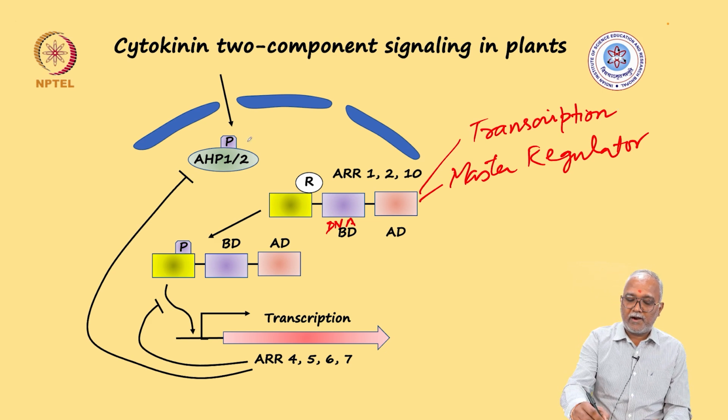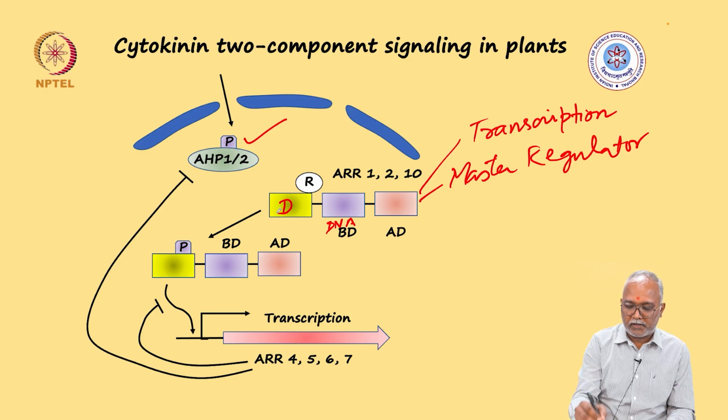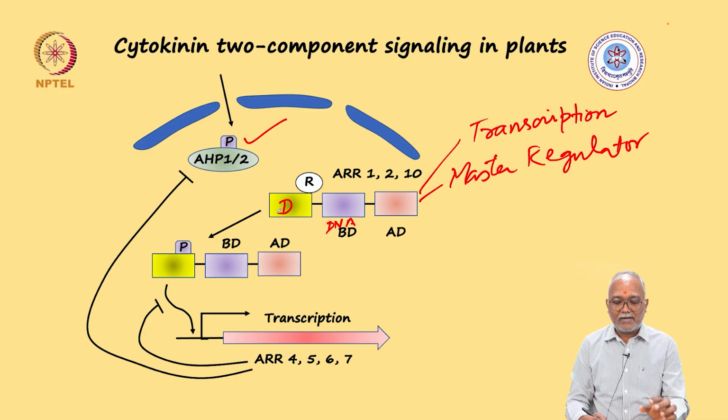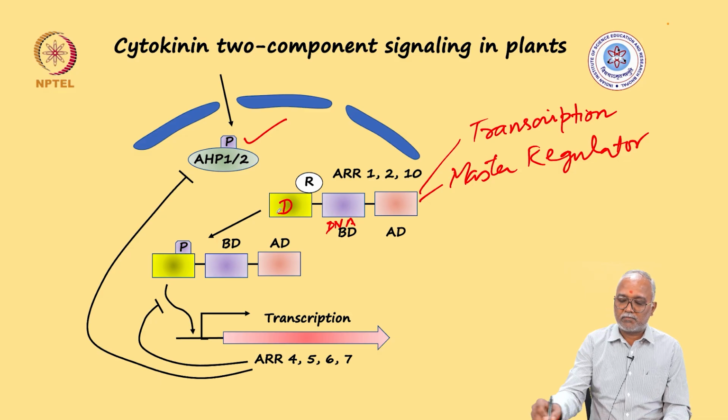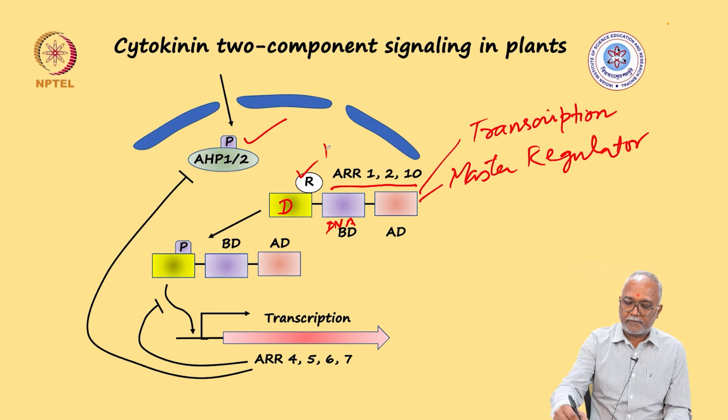What we notice is that this phosphorylated histidine phosphotransferase has moved inside, and it will be looking for the response regulator where a conserved aspartate residue will be there. And that conserved aspartate residue is present in this master response regulator, which is in the family of authentic or Arabidopsis response regulator 1, 2 and 10. Now this molecule is already present inside the nucleus, and it has to be stopped from its functioning. So a repressor binds to it.